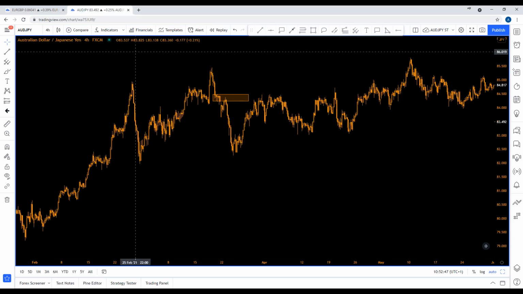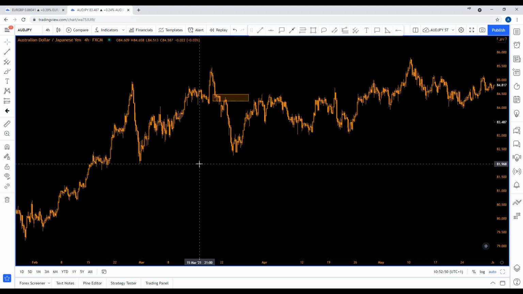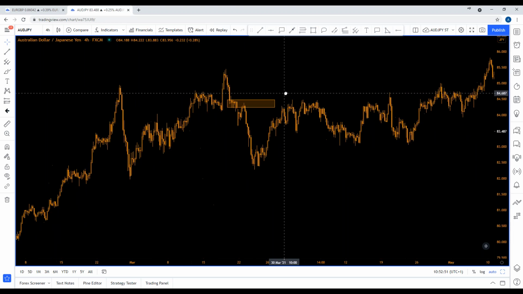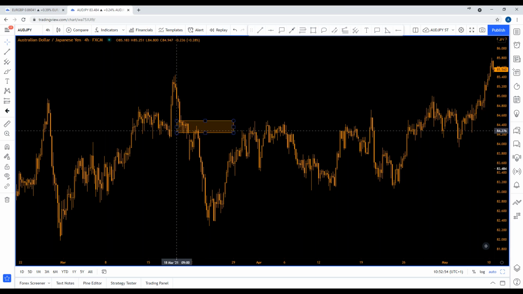I've got one more chart to show on the Aussie dollar again. Sorry, Aussie yen on the H4. Again, this can be found on every trade. But look, I'm really going to say the same as what I've already been saying on the euro pound chart. This is a drop-base-drop.